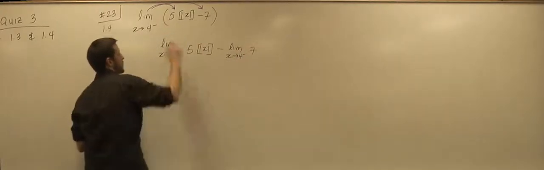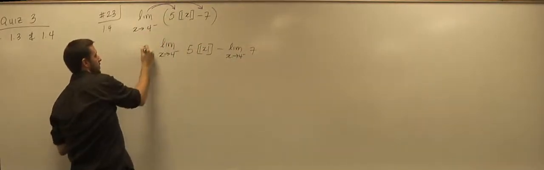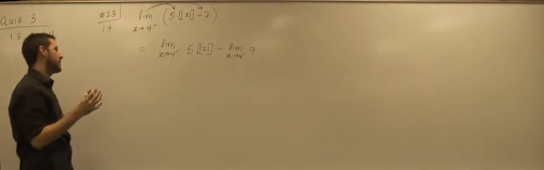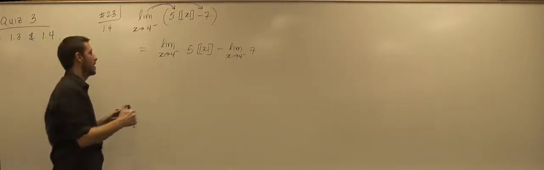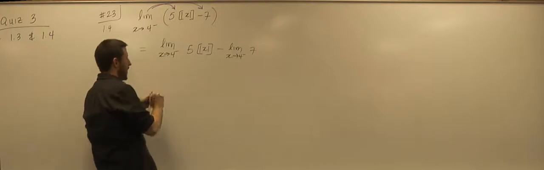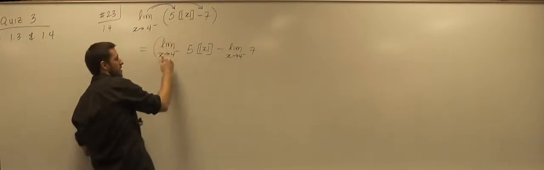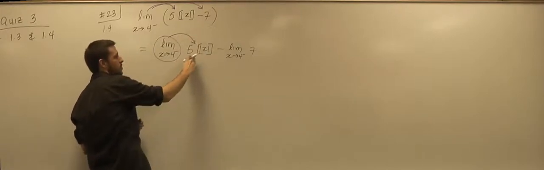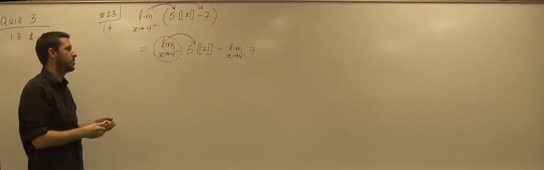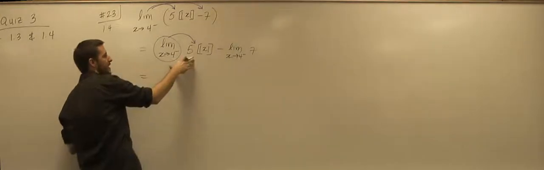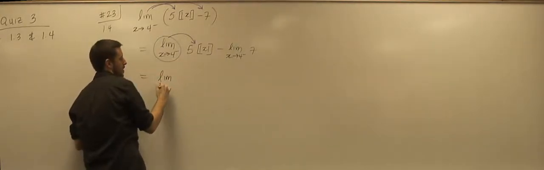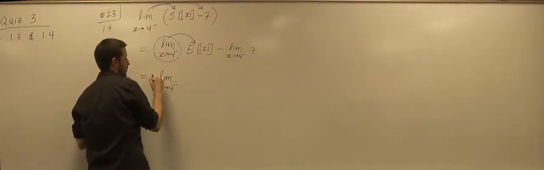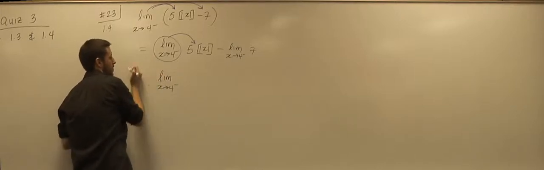So I just put the limit into each term. Now, some of these are silly. For example, it would be smarter to do the limit as x goes to 4 from the left right inside of the multiplication, push it past that constant multiple. And so I would rewrite this limit with a 5 out front.